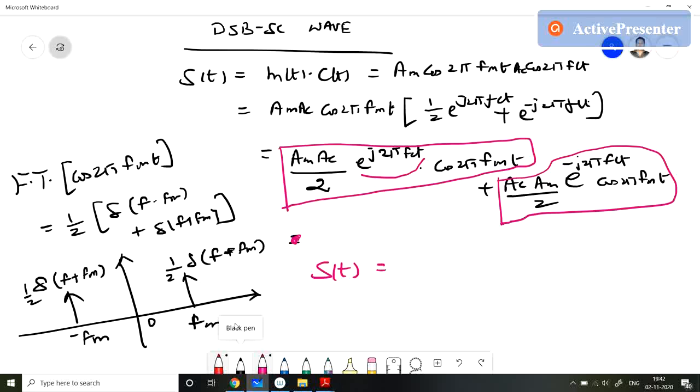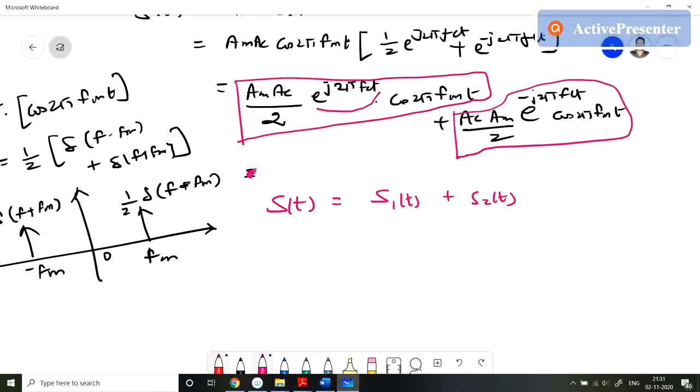So we have s(t) equal to s1(t) plus s2(t). So here s1(t) is equal to Am Ac by 2 e raised to the power j2πfc t cos 2πfm t.